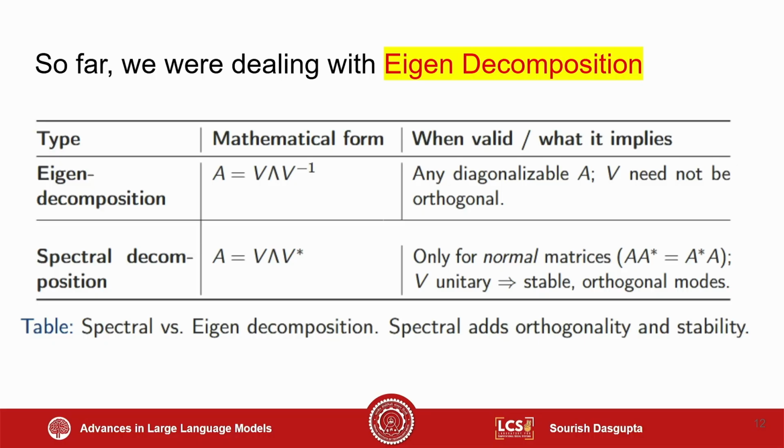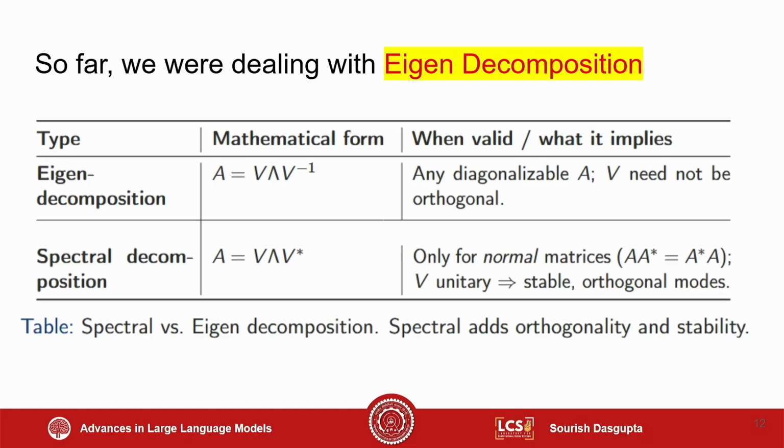So instead of that, what if you can do something like a spectral decomposition? But for that you need an additional condition, that your A must also be a normal matrix, which means A conjugate transpose A should be equal to A A conjugate transpose. In the complex space, or at least in the real space, A transpose A should be equal to A A transpose.